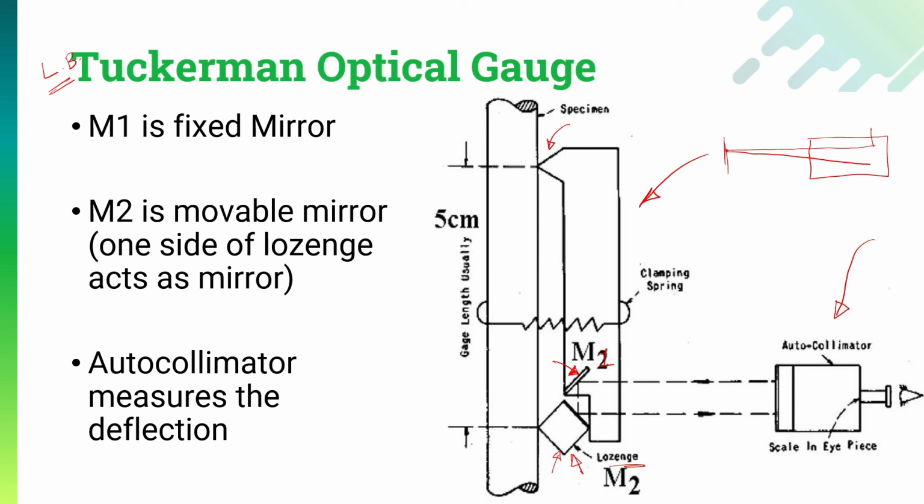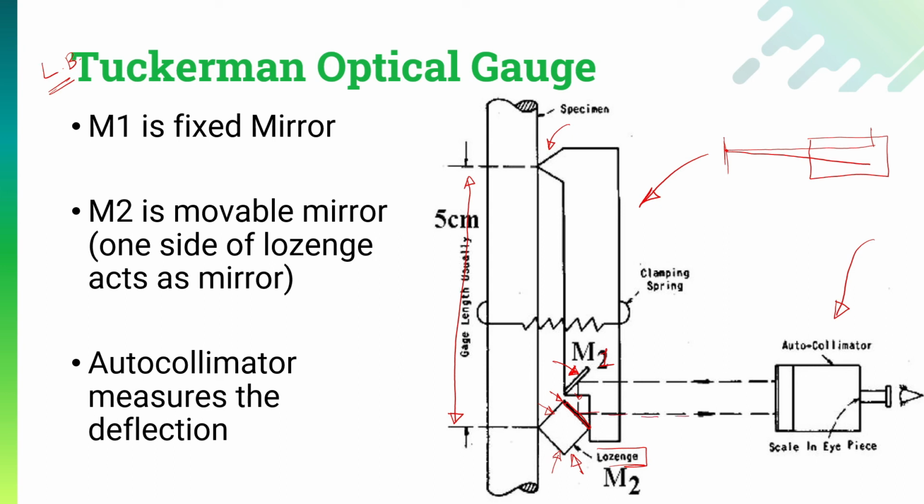Whenever the test specimen is under stress, whatever change in length occurs, this lozenge will move accordingly, and due to that this particular mirror will also move. Many times this is not an actual mirror; the material is simply polished and the reflection of the rays is done over the material directly.